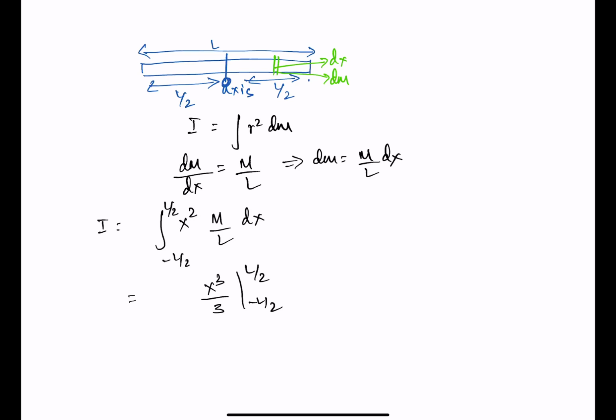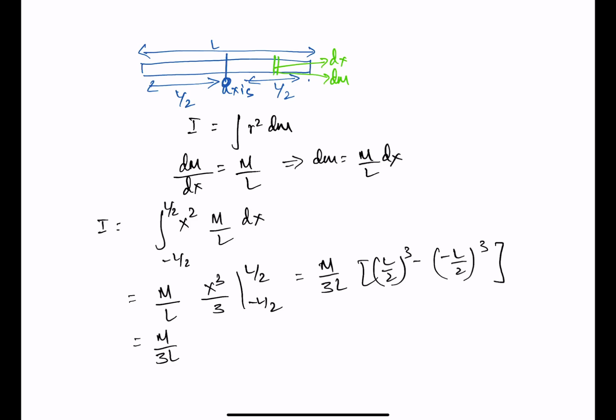You bring the constants out, m over 3L, that gives you L over 2 cubed, which gives me L cubed over 8 plus L cubed over 8.